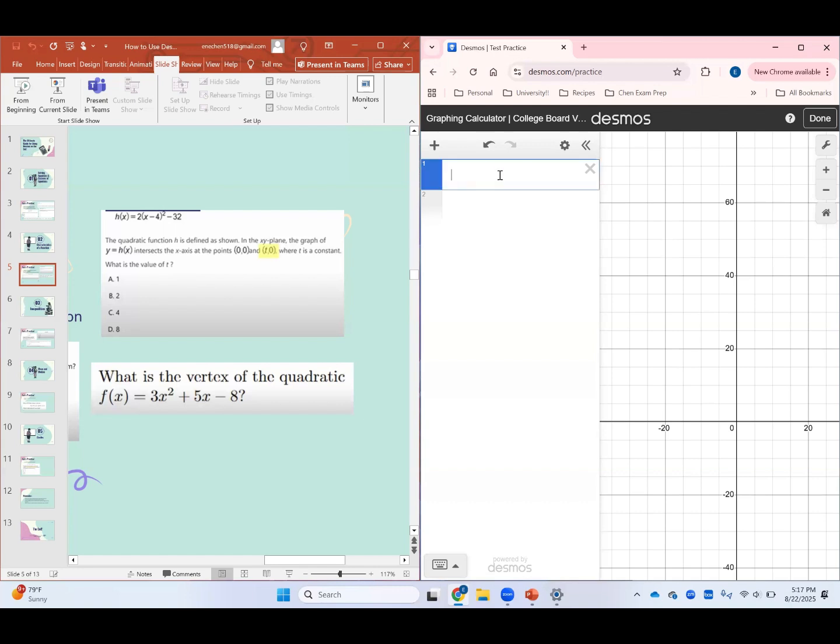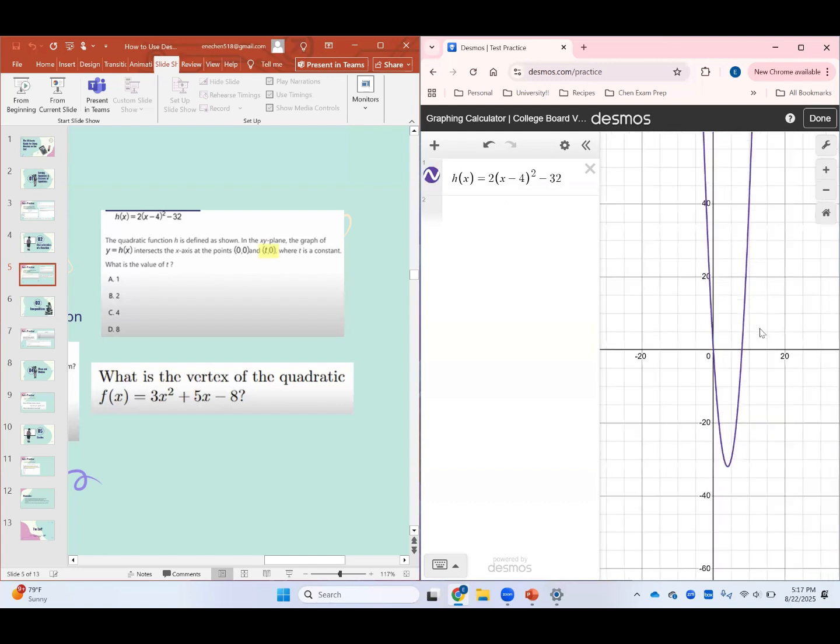So I'm just going to go h at x equals 2x minus 4 squared minus 32. And you can see over here, they give you a nice quadratic function once again.